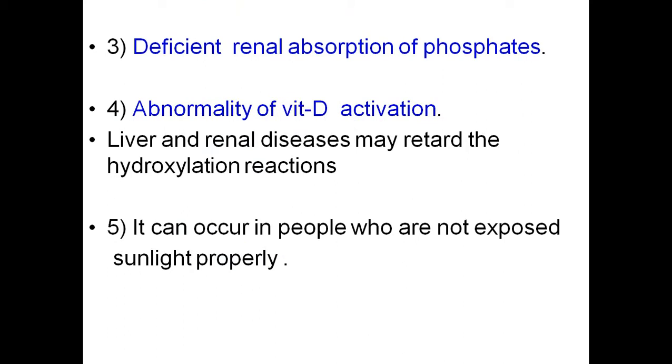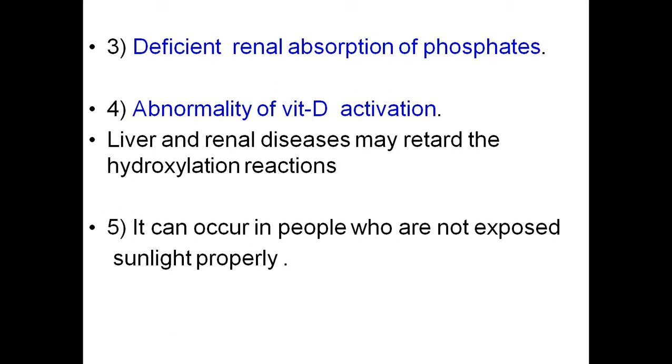Defective renal reabsorption of phosphates can also result in vitamin D deficiency. Abnormality of vitamin D activation is also associated with vitamin D deficiency. Liver and renal diseases may retard the hydroxylation reaction. As a result, vitamin D deficiency can occur.